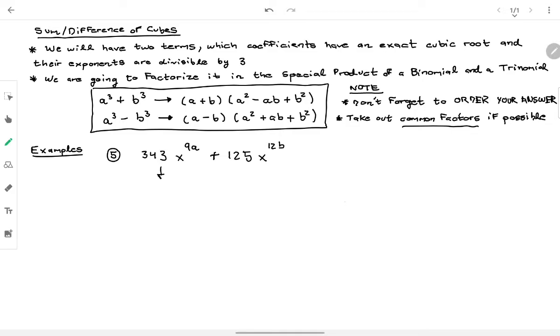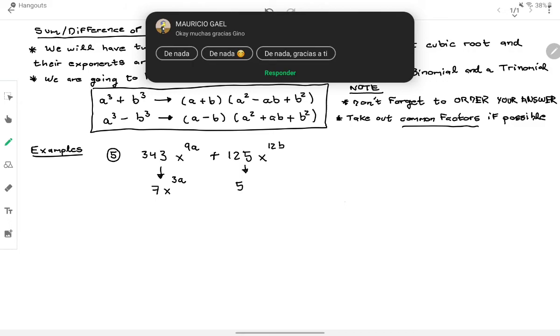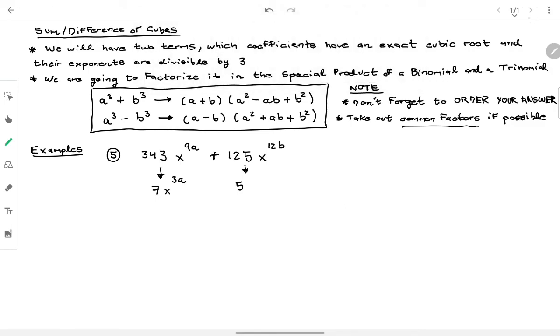So in this case, it's going to be 7x, 9a divided by 3. 9 divided by 3, it's 3. So it's going to be 3a. In this case, it's going to be 5 times 5 times 5, it's 125. Then it's going to be x, 12b divided by 3, it's going to be 4b.